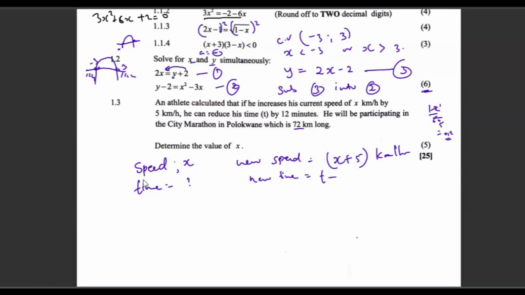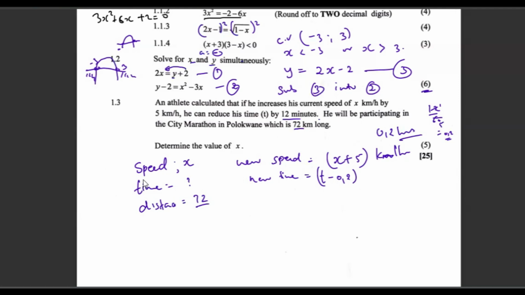So I can say t minus 0.2. Okay, so the distance they gave us is 72 kilometers. So this 0.2, I had to convert it to hours so that everything moves within the same units, kilometers per hour and hours. So I cannot use minutes the way it is.